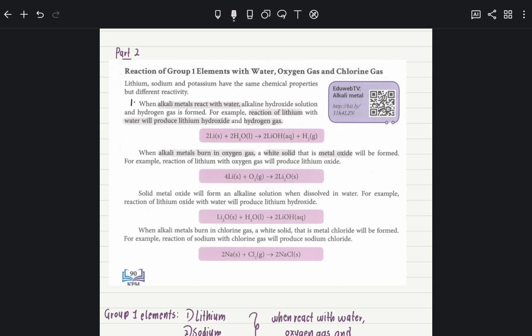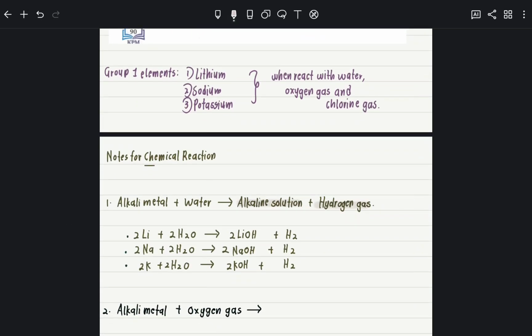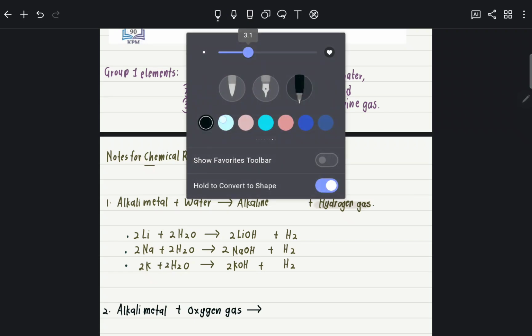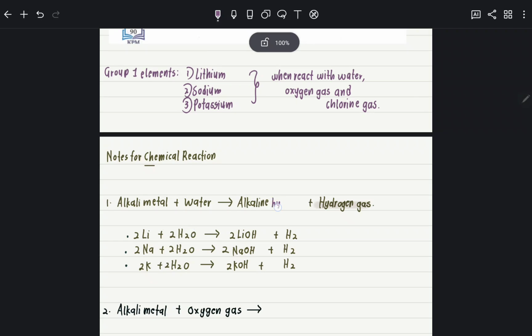Okay, so ingat, if it reacts with water, it will form alkaline hydroxide. But if it reacts dengan, oh wait, I padam ni. Tak payah alkaline solution, letak alkaline hydroxide. Kenalah warna sama, nanti orang kecam saya pula.